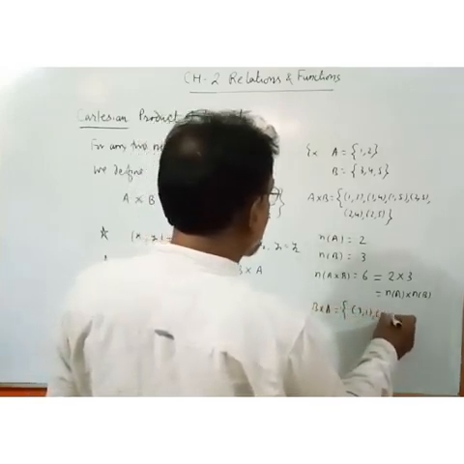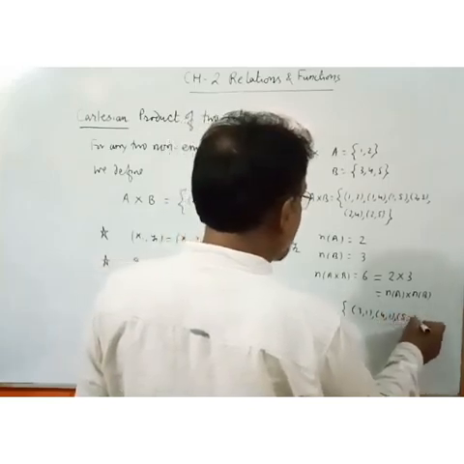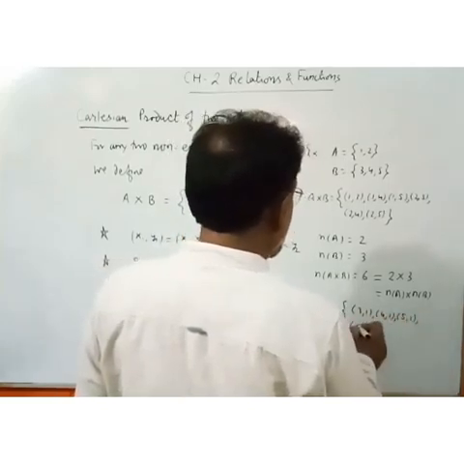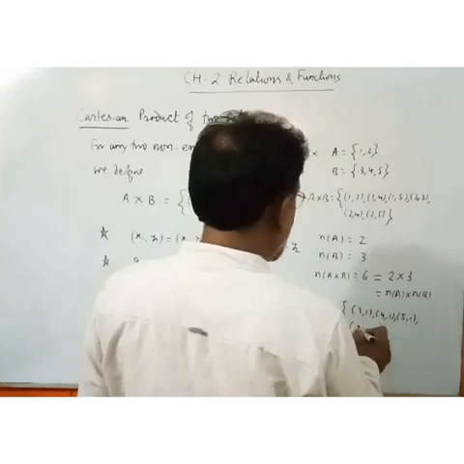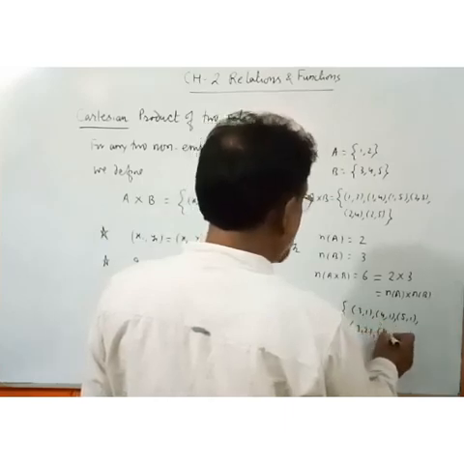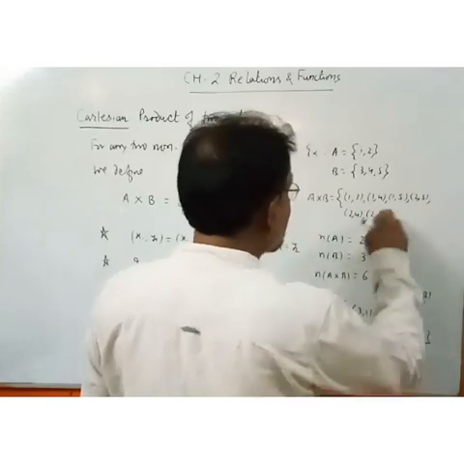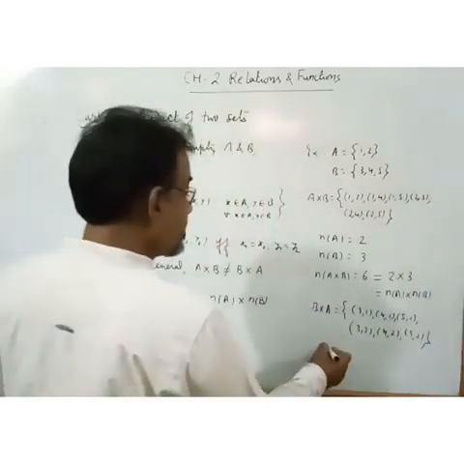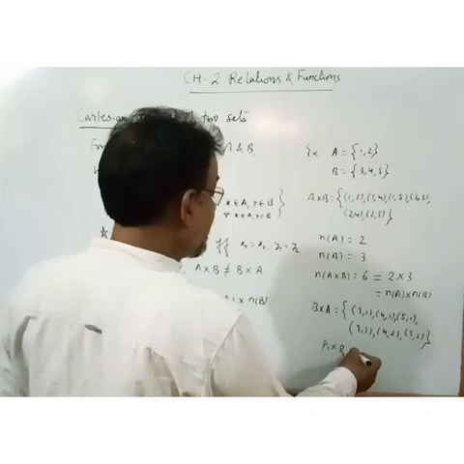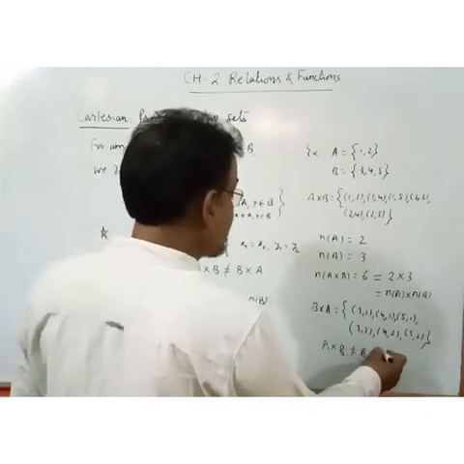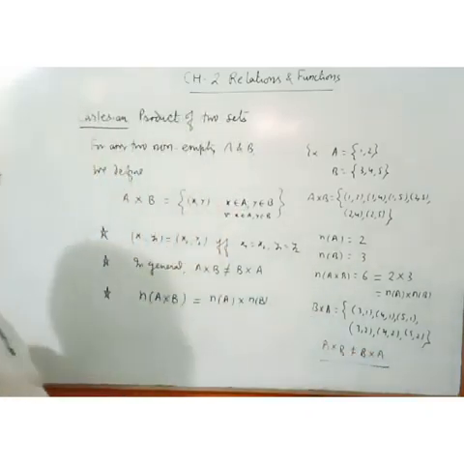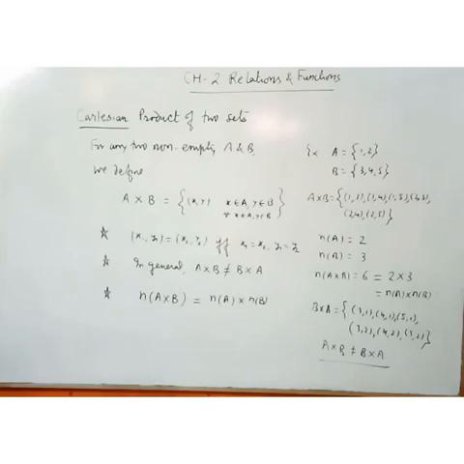One more thing we can check from here. B cross A, if we find, will become (3, 1), (4, 1), (5, 1), (3, 2), (4, 2), (5, 2). So no ordered pair is matching with A cross B. So A cross B is not equal to B cross A. This property is also verified.